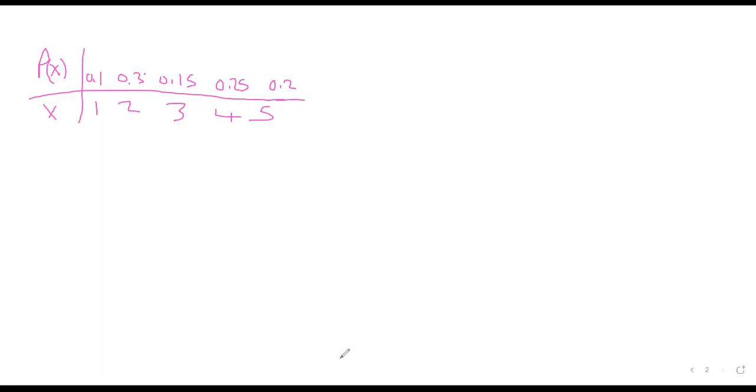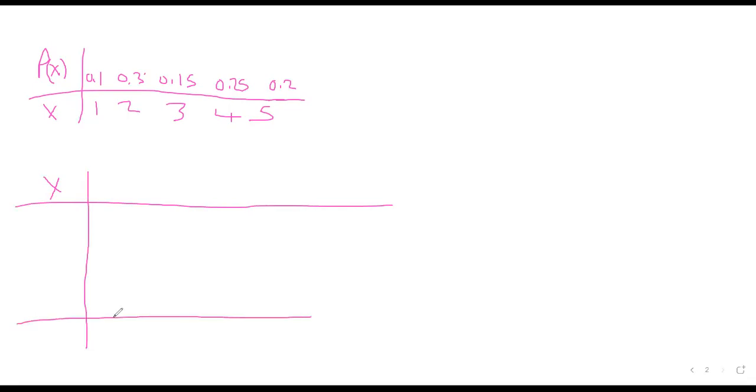We're going to arrange them as follows. We have our values of X and the probability respectively. So here we have 1, 2, 3, 4, and 5.